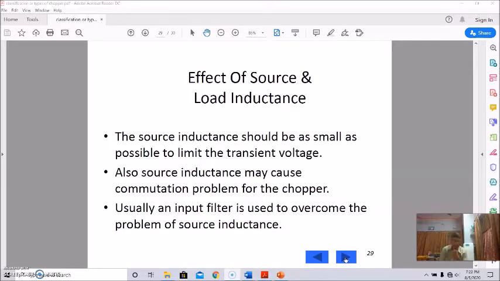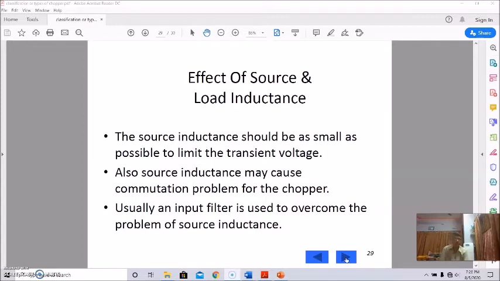Though it is not specifically mentioned in your curriculum, I think it is important to know the effect of source and load inductance in DC-DC converter operations. In short, the source inductance should be as small as possible to limit the transient voltage.